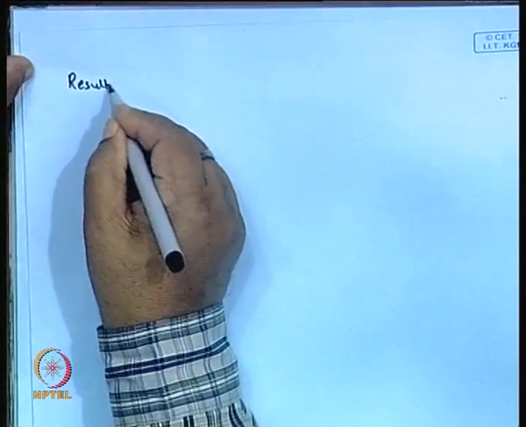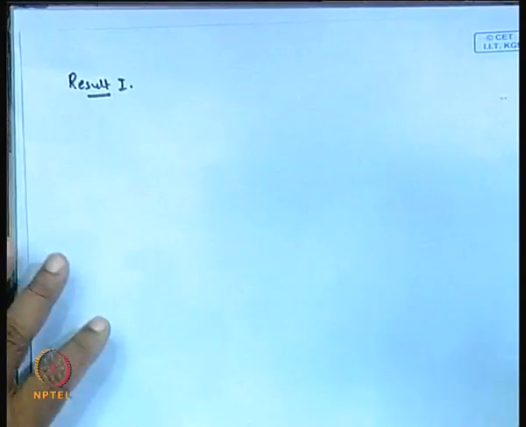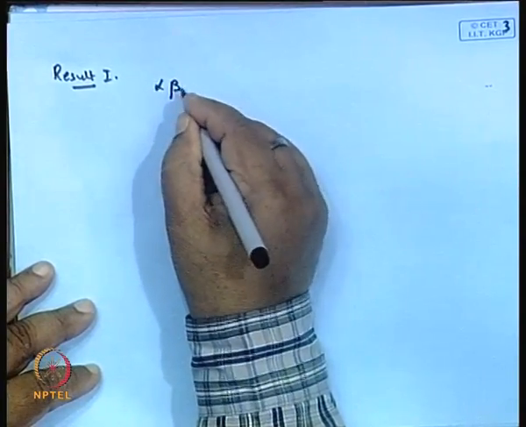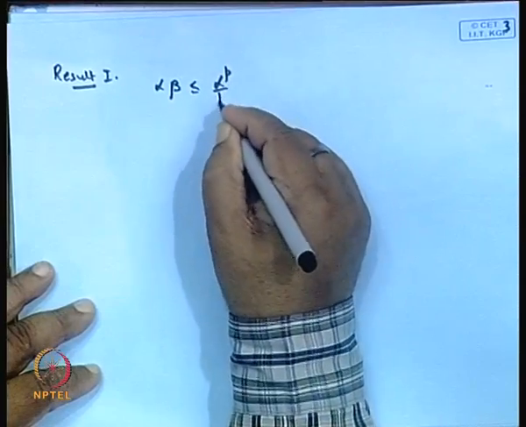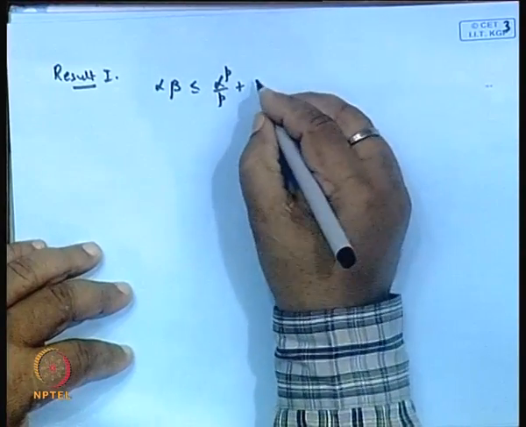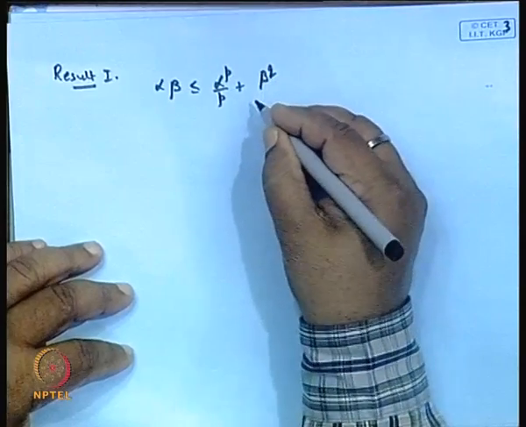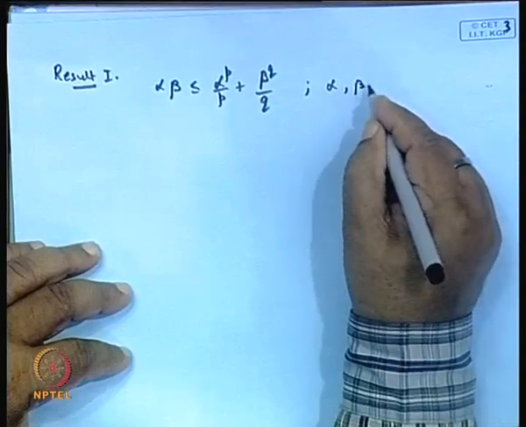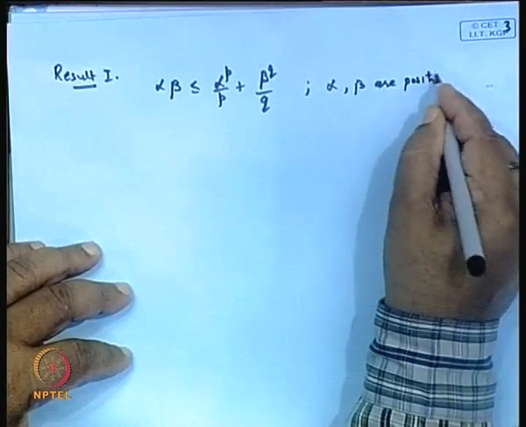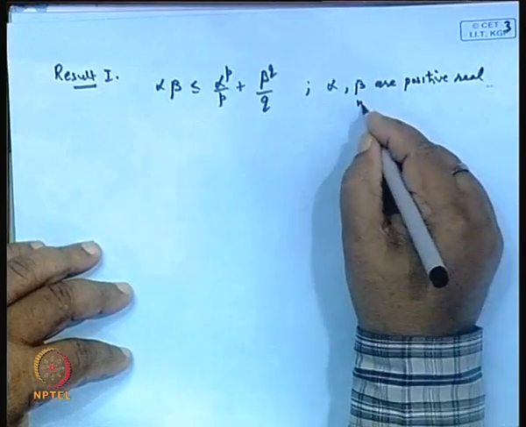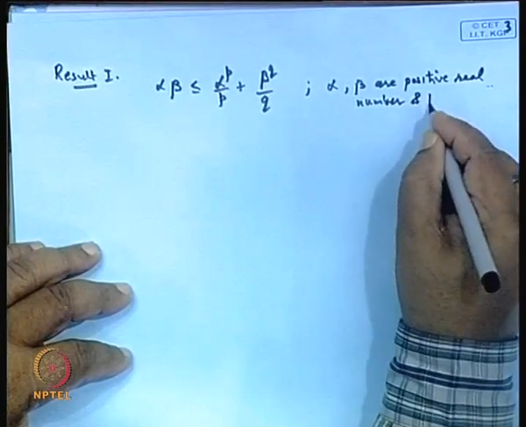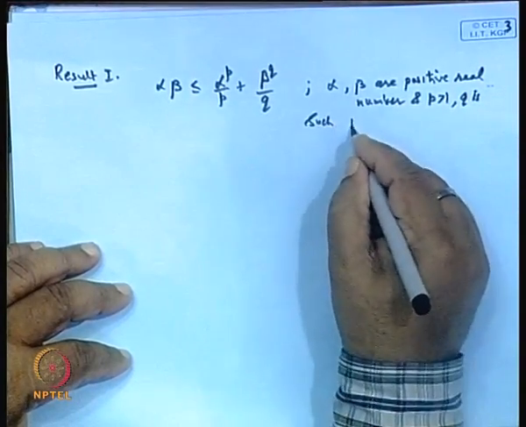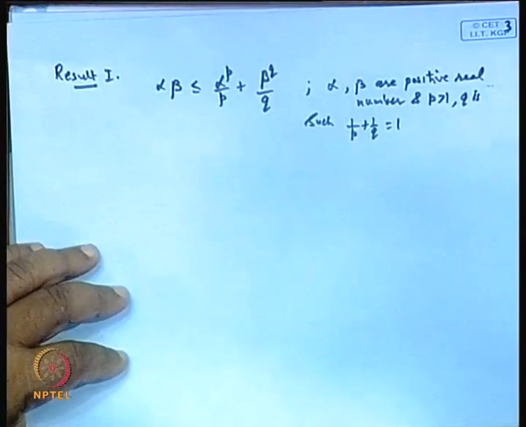Now, based on it, the inequality result is: let α and β be any two positive numbers, then αβ is less than or equal to α^p/p + β^q/q, where α, β are positive real numbers and p is greater than 1, q is such that 1/p + 1/q = 1.